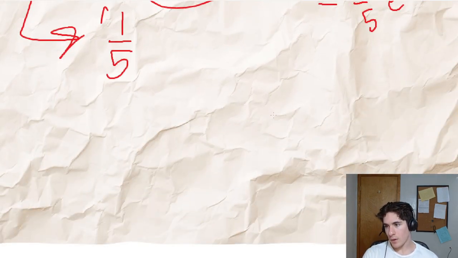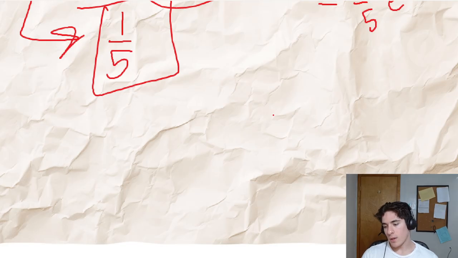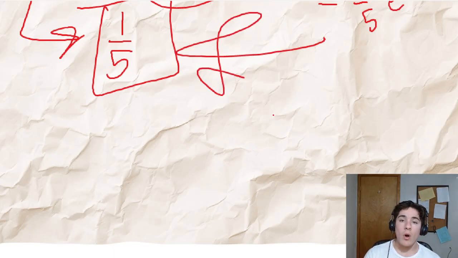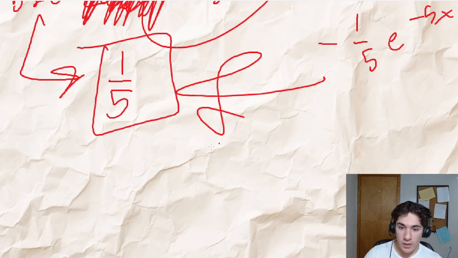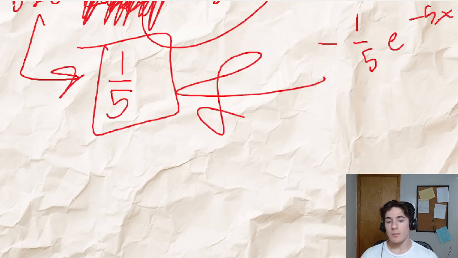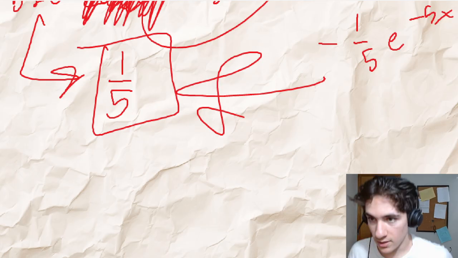Basically, I used improper integrals to find the answer, which is 1/5. What I did wrong is I just did it backwards. I took the derivative of e to the power of minus 5x instead of taking the integral. That's all I did wrong, and this could literally take away all of your points on your test. Some teachers just literally don't care, and they will give you 0 points if you mess up a constant.